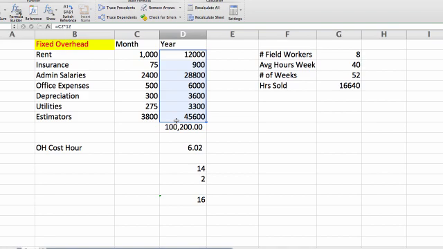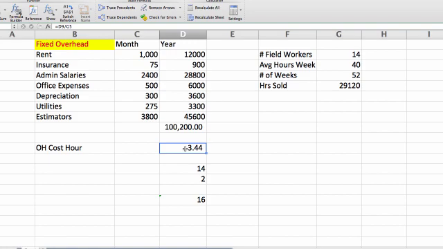I've got my office in place. I'm not going to have to add a lot more fixed overhead costs to sell more time. So in this year, I might actually end up having 14 people and do 29,000 hours and not have to increase these numbers over here. And look how much that would drive my overhead costs down to $3.44.